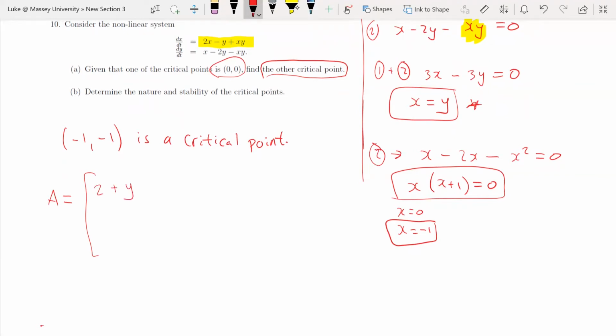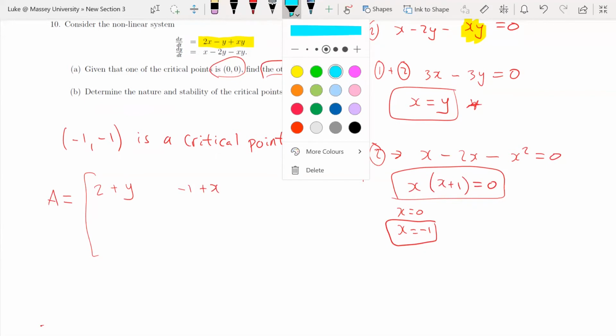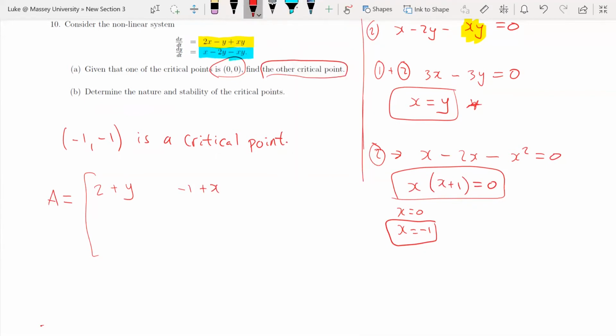If I take the derivative of the same equation with respect to y, I get -1 plus x. Now if I look at the second equation, if I take the derivative with respect to x, I get 1 minus y. And if I take the derivative with respect to y, I get -2 minus x.